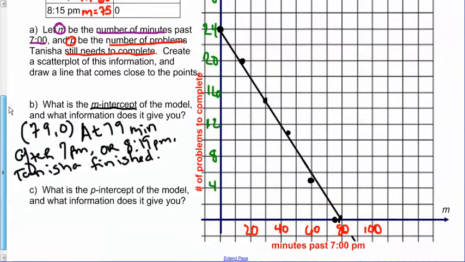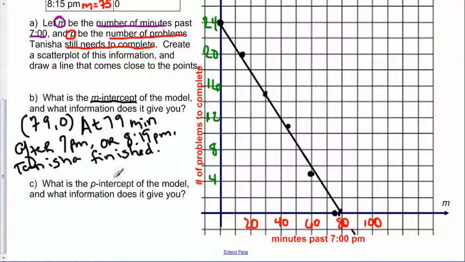Then, when we talk about the p-intercept of the model and what that information gives us, well, my model does in fact go right through 0, 24, or 24, 0, no, 0, 24. See, sometimes I get those mixed up too. So I went nowhere in the horizontal direction and I went up 24 in the vertical. So that's going to be at 0, 24. That's my p-intercept.